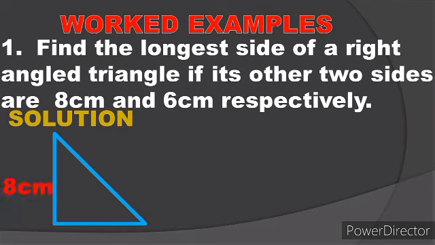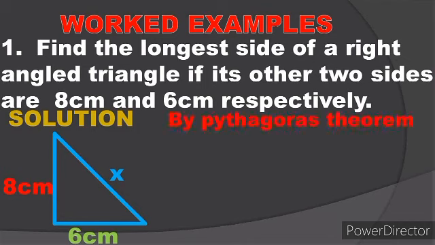Now 8 cm for one of the sides, you can call that side opposite, and 6 for the adjacent. Now we're looking for the longest side, we can call it x. And when you solve using Pythagoras Theorem, we are going to have a square, that's opposite square, plus adjacent square is equal to hypotenuse square.